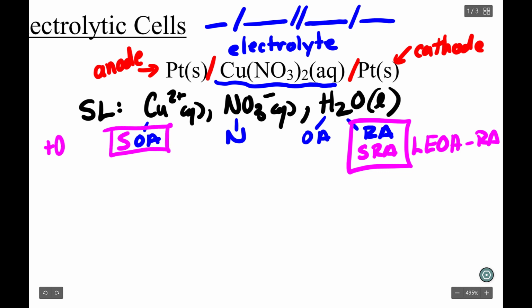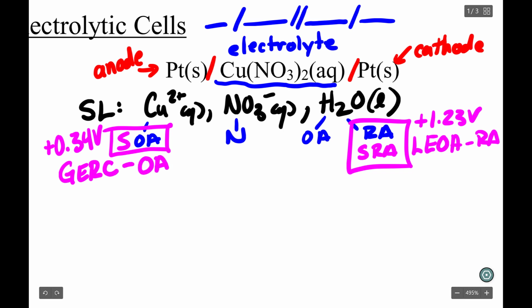It's at positive 0.34 volts. Water as an RA is actually at positive 1.23 volts. And so I know that the copper 2 plus ion is going to gain electrons and undergo reduction at the cathode because it's the oxidizing agent. So I have a general idea now of what's going to go on which electrode.